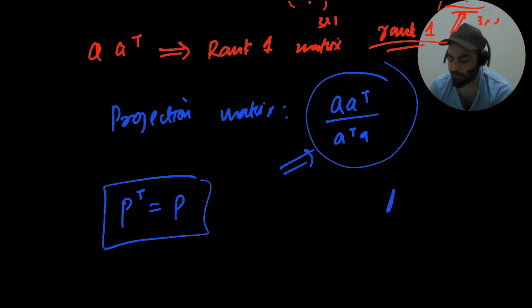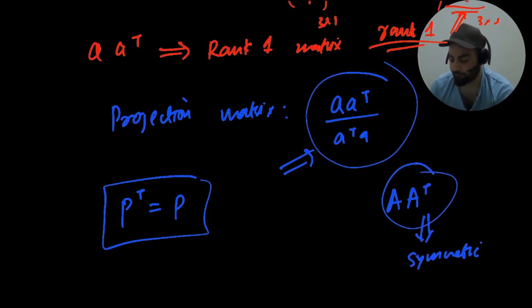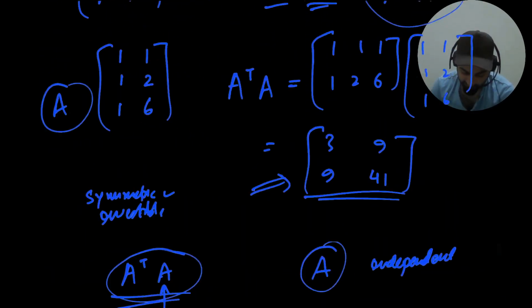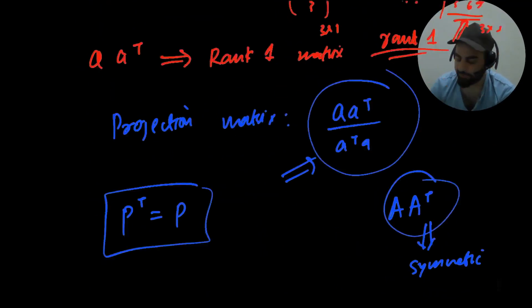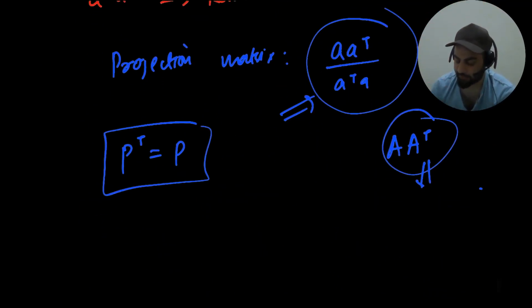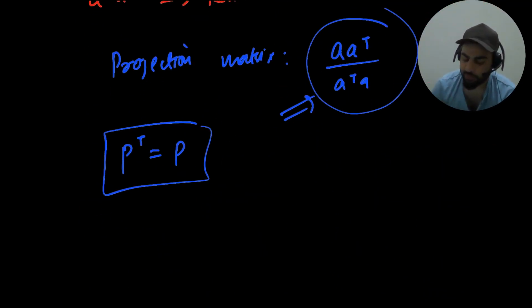As we saw, if we have a matrix A A transpose, it will be symmetric. I think I took A transpose A, if I am correct. Let me see. Will this part be symmetric? Let's erase this portion.